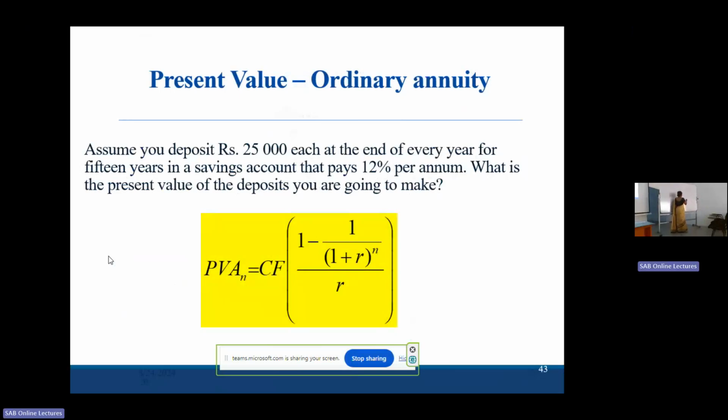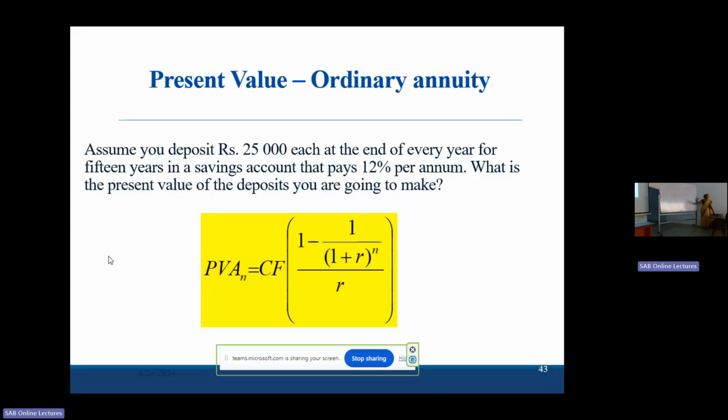The factor can be calculated using this formula: 1 minus 1 plus r to the power minus n, divided by r. Or 1 minus 1 over 1 plus r to the power n. You can write it like this also: 1 minus 1 plus r to the power minus n.